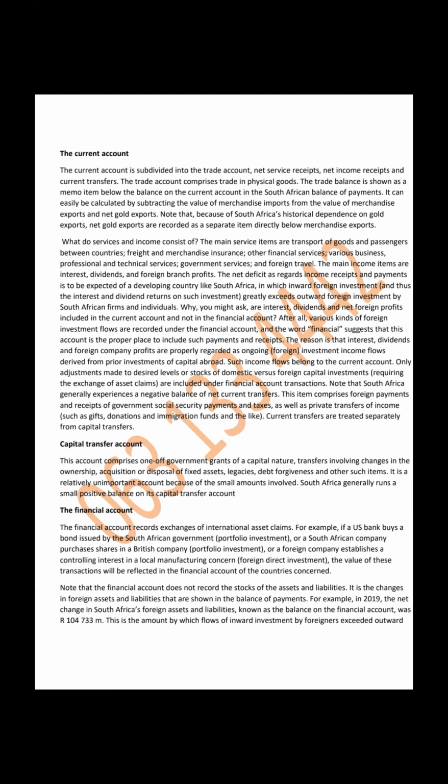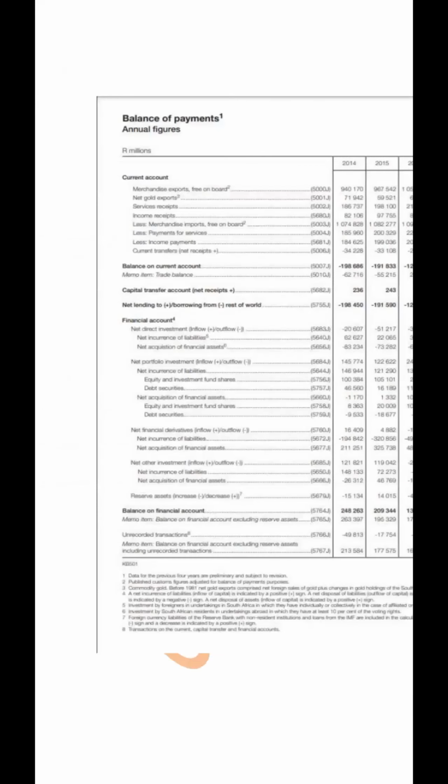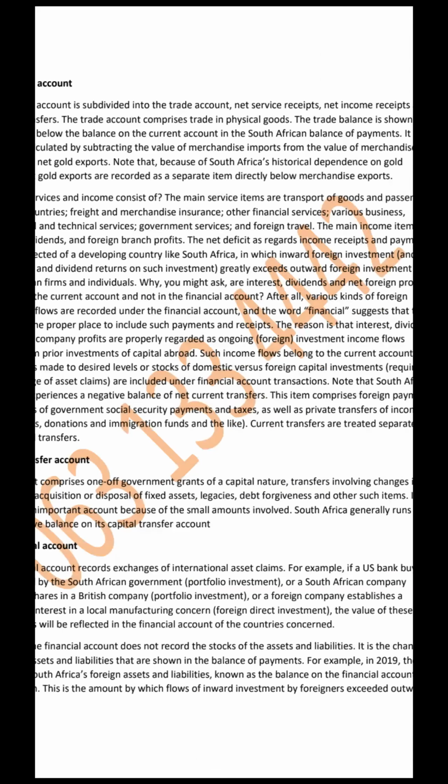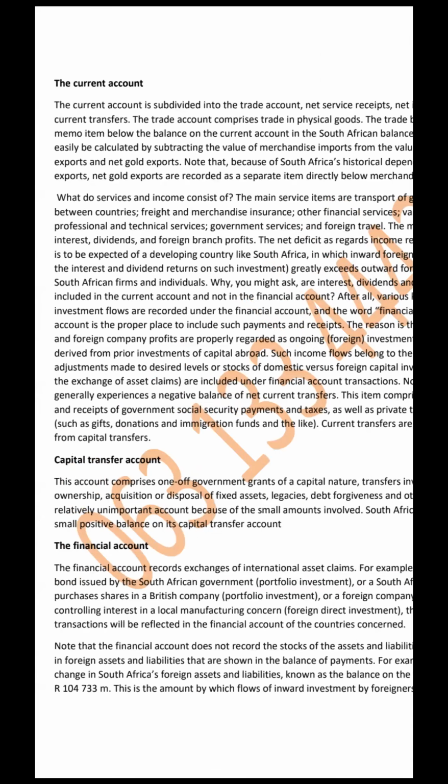All right. And then when we talk again of incomes, right? So we have service receipts, and service payments, and then we also have here incomes. Income receipts are just below service receipts, and then you'll also have income payments right down there. The main income items are interest, dividends and foreign branch profit.